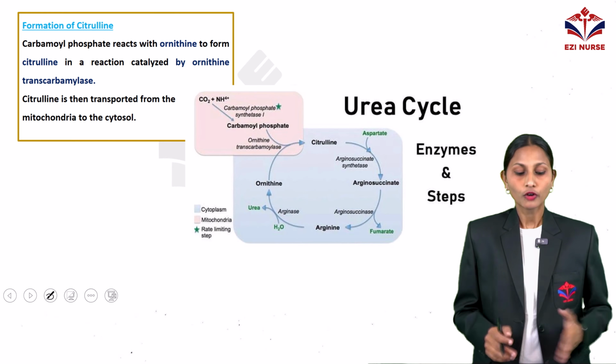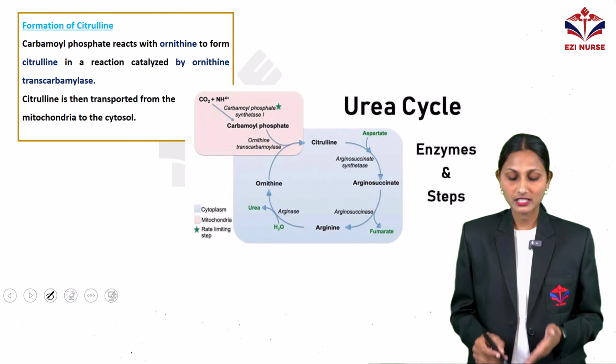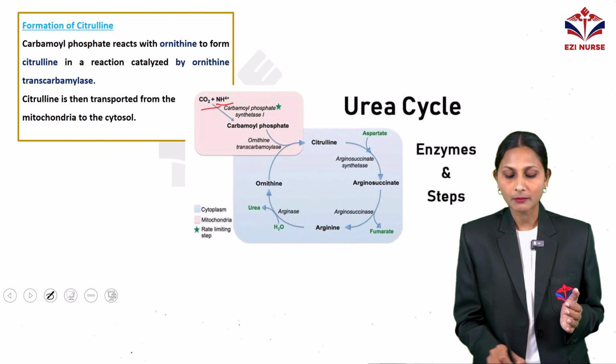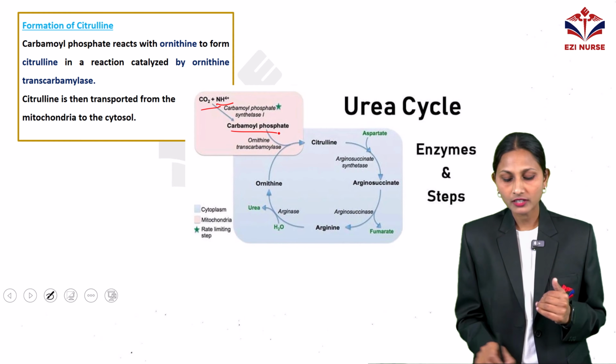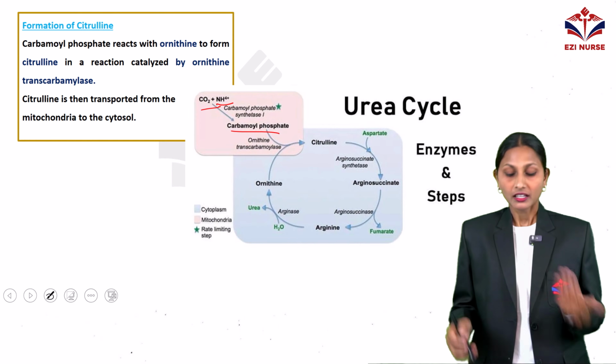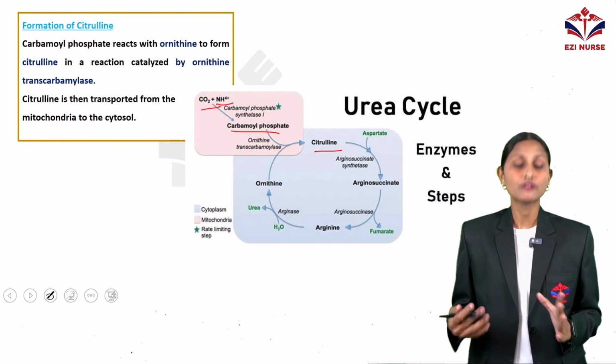Next is the formation of citrulline. As we have seen, ammonia combined with carbon dioxide has given us carbamoyl phosphate. Now we will see how citrulline formation takes place.